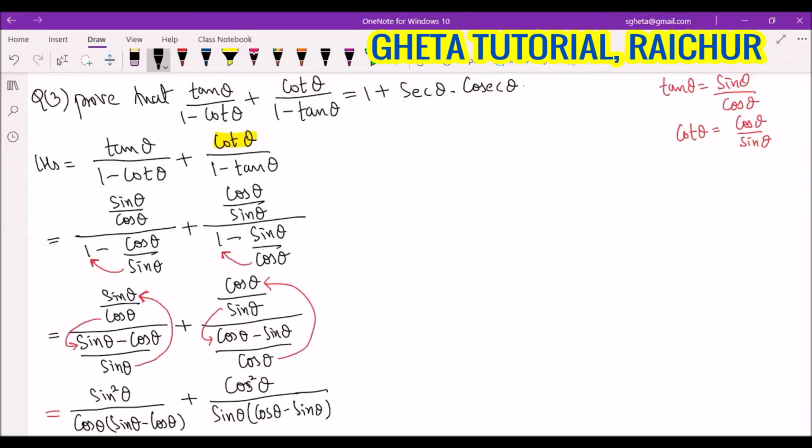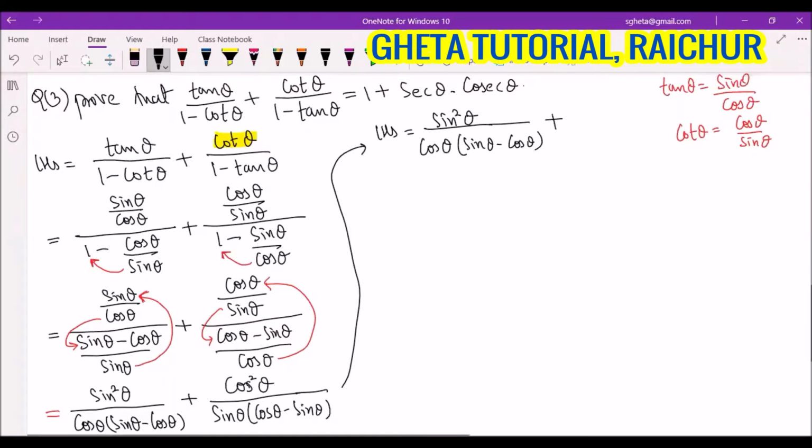So the next step: LHS is equal to sin square theta, keep as it is, don't change anything in this, sin square theta divided by cos theta into sin theta minus cos theta. But now here, if you see, we have cos theta minus sin theta, and here we have sin theta minus cos theta.